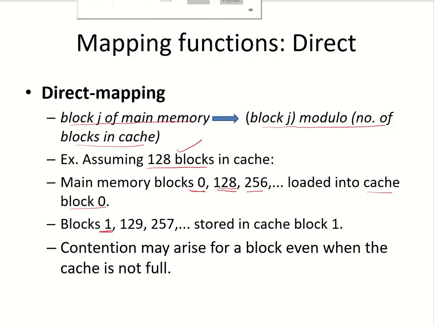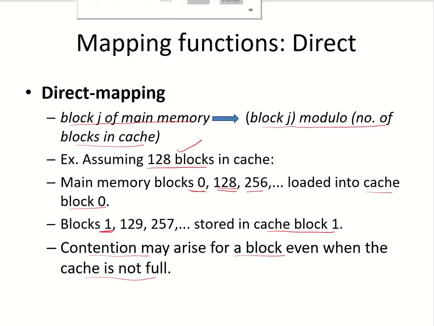Main memory block 1 modulo 128, that will be cache block 1. So you can see that contention may arise for a cache block even when the cache is not full.